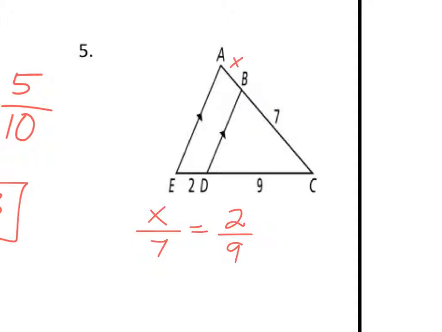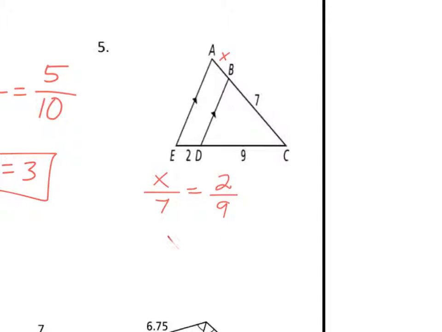Instead of rounding it, you should leave it as 1.5 repeating with the repeating bar on top. So don't round it to 1.6, let's leave it like that.